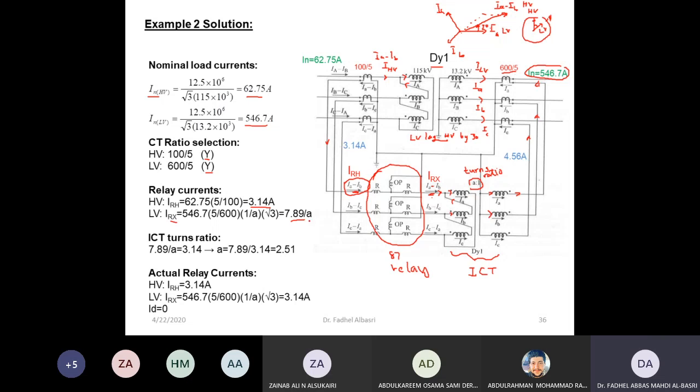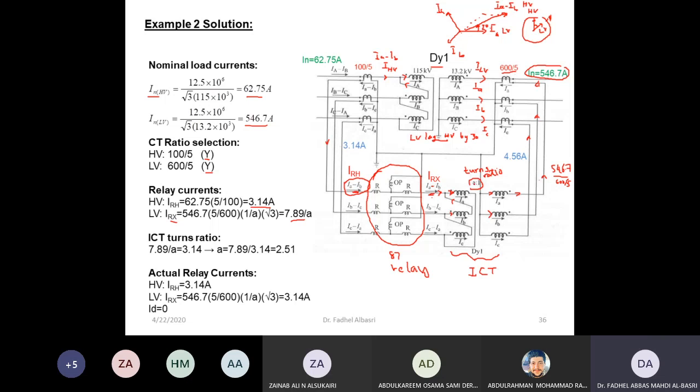Because this is delta connected, I have 546.7 divided by the CT ratio 600 over 5, or times 5 over 600. I get this current, but now I have to transfer it to this side, and multiply by √3 to get this current.